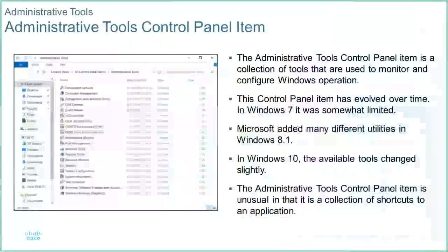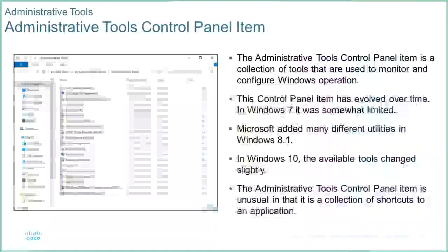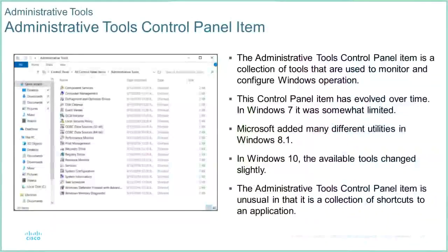So on this one, we look at the control panel for administration. Now again, what will be on this panel will display things a little differently depending on the version of Windows we want to look at.